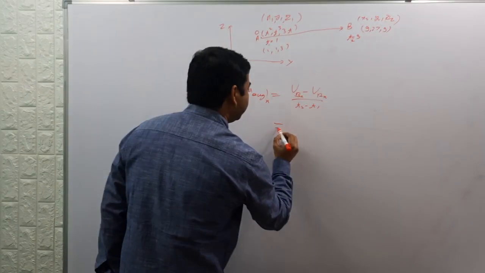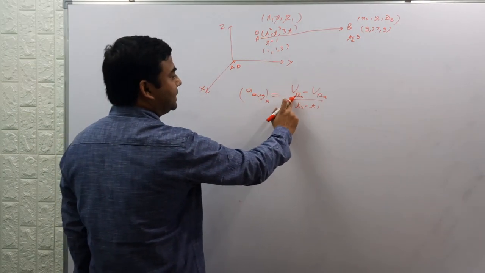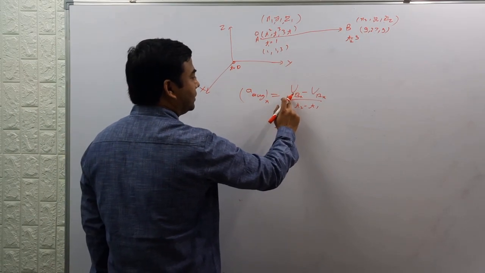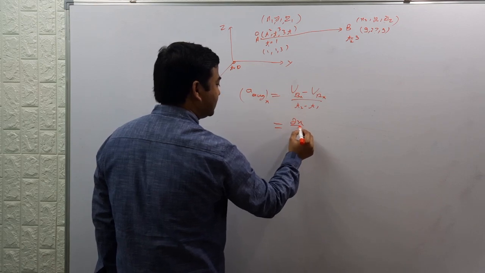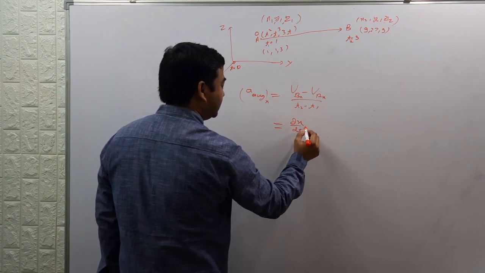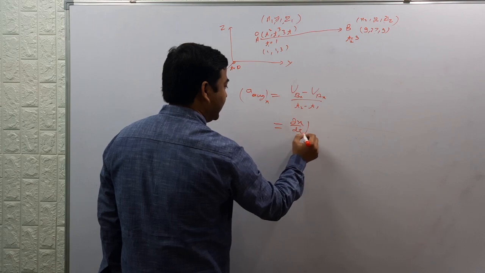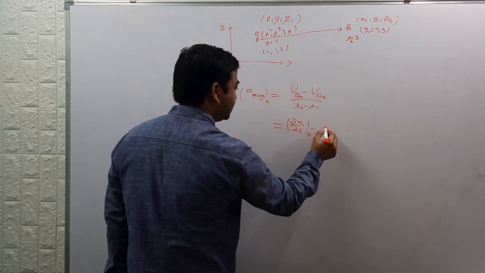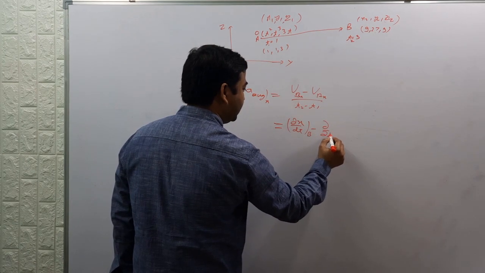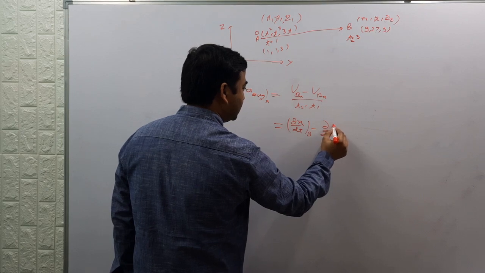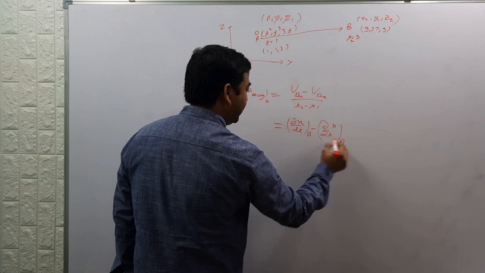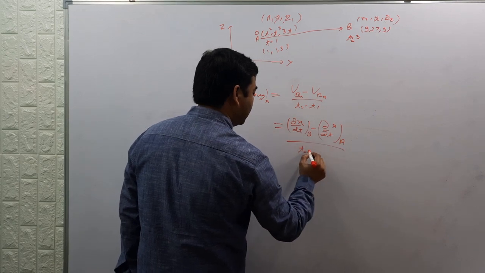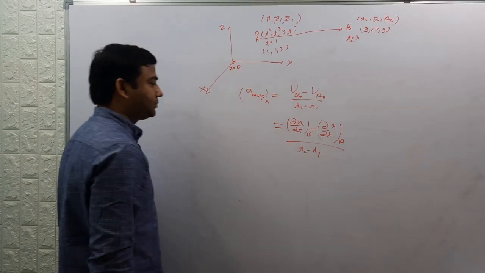So this will be instantaneous velocity at B. Instantaneous velocity at B will be dx over dt at point B minus dx over dt at point A divided by t2 minus t1.